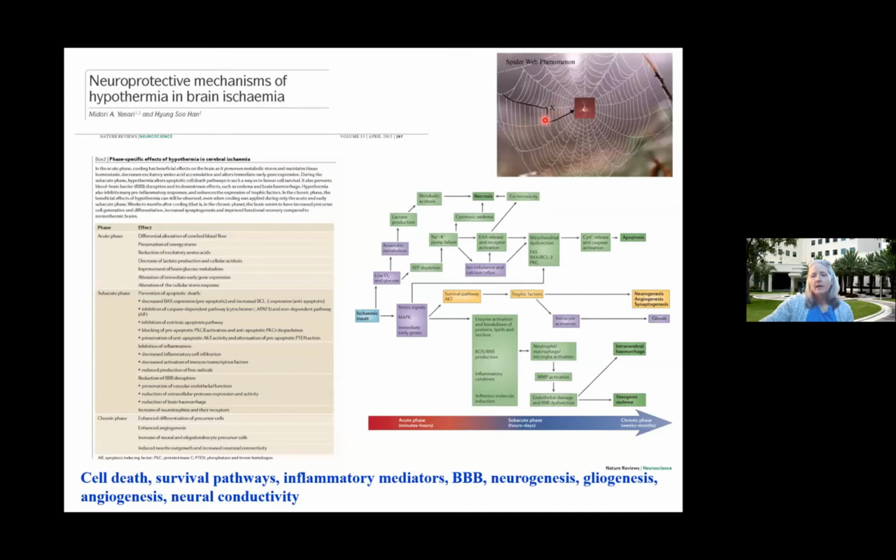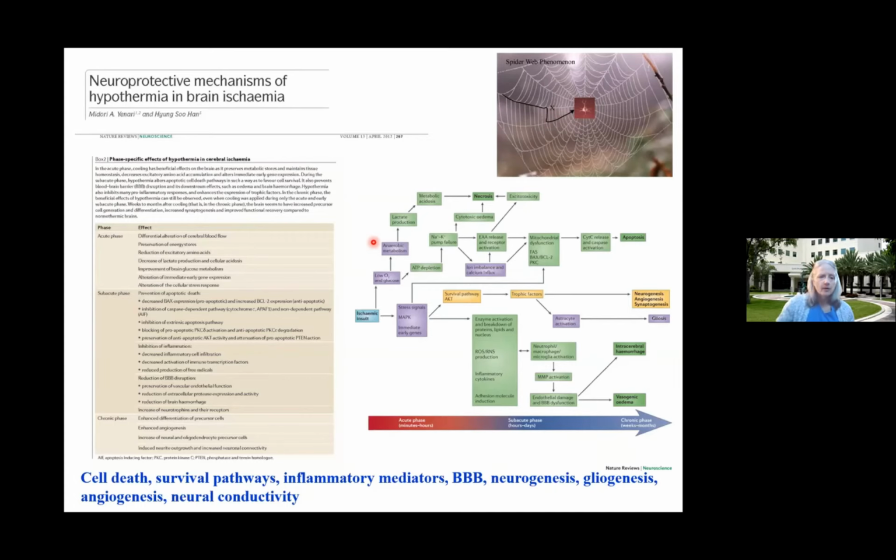However, what happens is another one gets activated or is activated already and ends up killing the cell. So you need something that's going to target cell death, survival, and improve survival pathways, inflammatory mediators, blood-brain barrier, neurogenesis, gliogenesis, et cetera. So you want some type of neuroprotective strategy that has multi-potential factors.